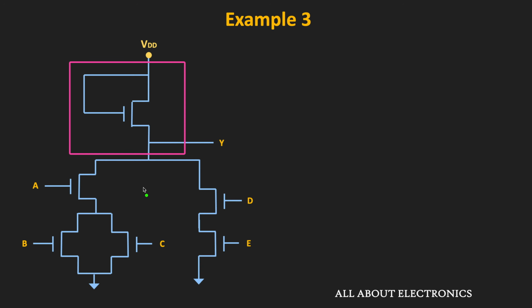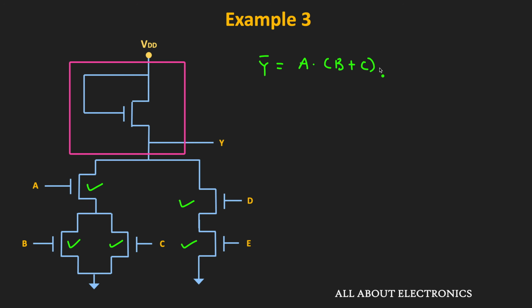So if you see this NMOS network, then the output Y will get connected to the logic 0 when this transistor A is on, and at the same time either B or C is on, or alternatively when both transistors D and E are on. So we can say that Y is equal to 0, or Y bar is equal to 1, when A is equal to 1 and any one of B or C is equal to 1.